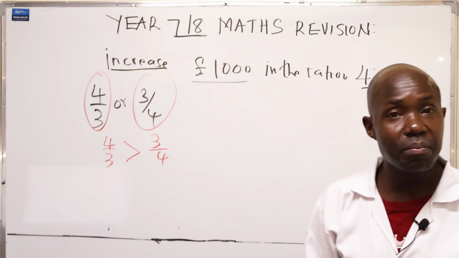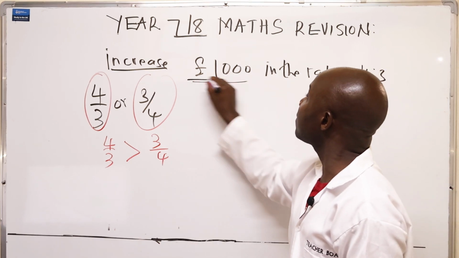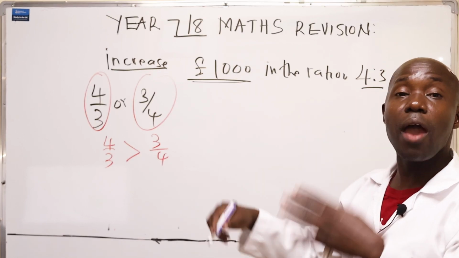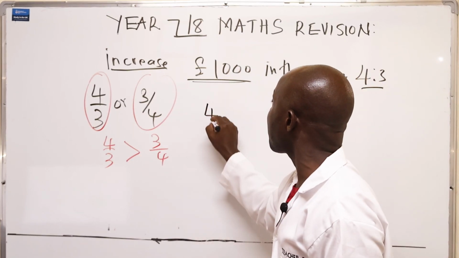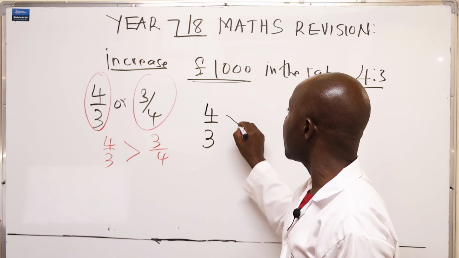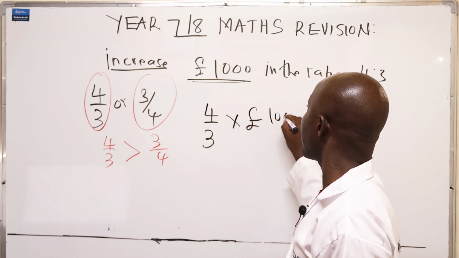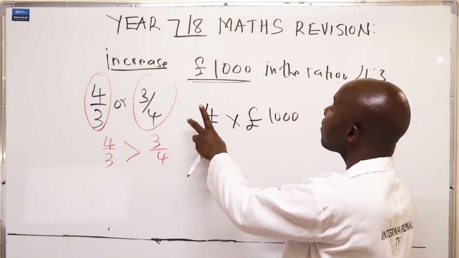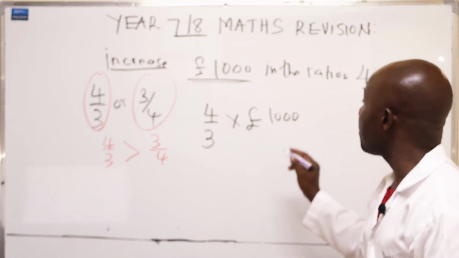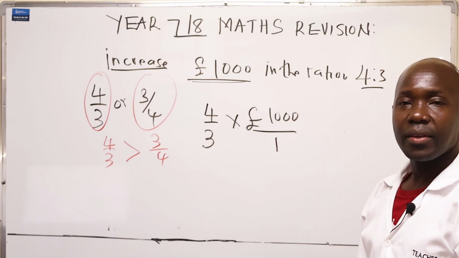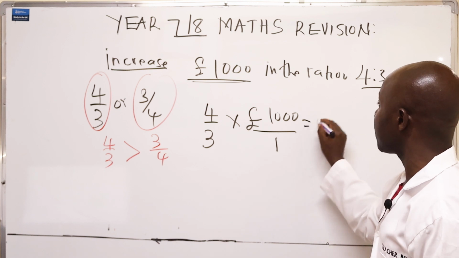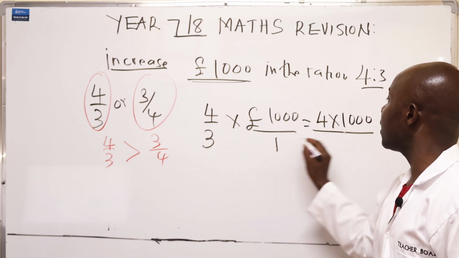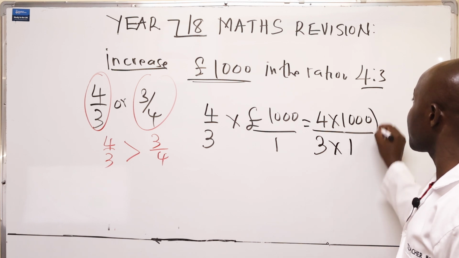So, practically speaking, when I want to increase my 1,000 pounds in the ratio of 4:3, I will take the greater part of the ratio, which is 4/3, I multiply by what? By $1,000. And as I repeat, when you have a fraction times a whole number, put the whole number over 1. Then multiply the numerators. 4 multiplied by 1,000, divided by 3 times 1.